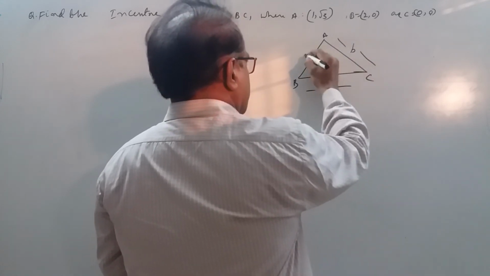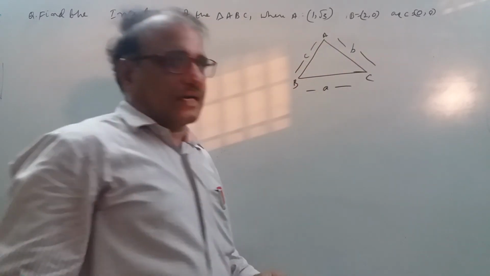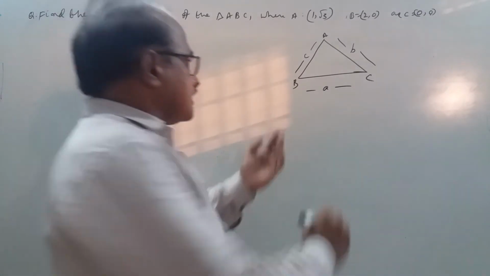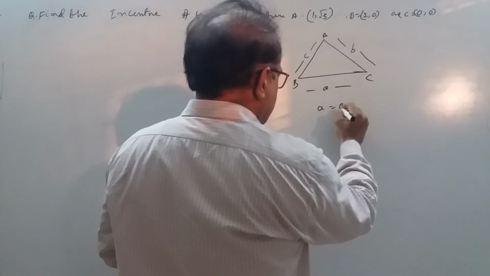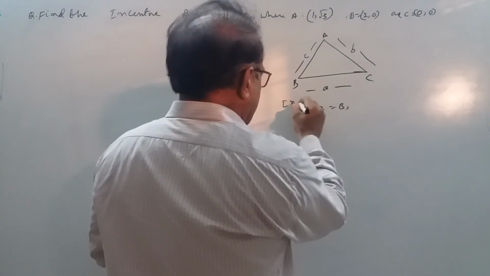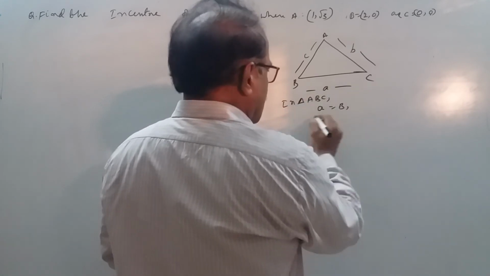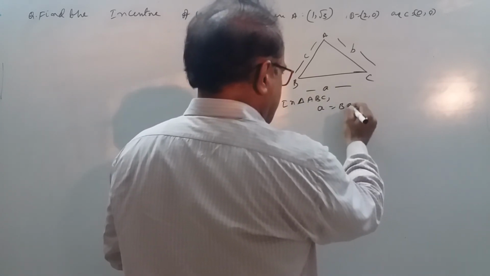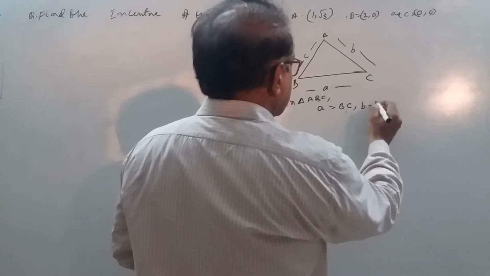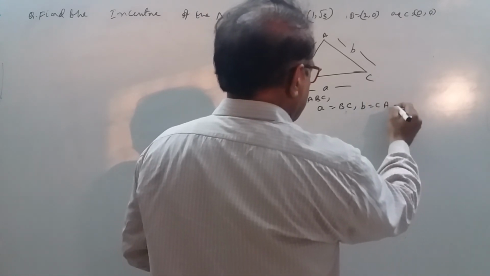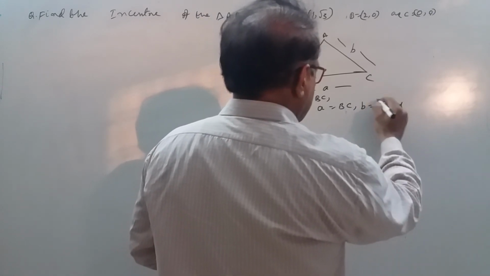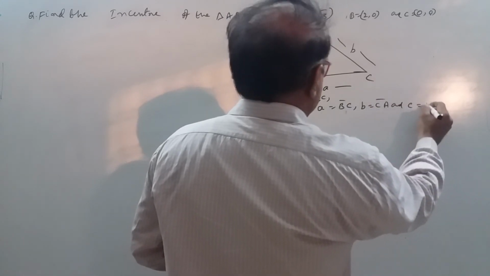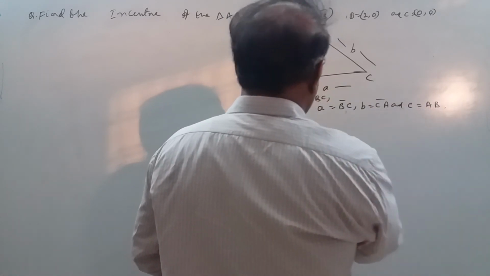Then opposite side is small c. Then that means here small a is equal to the side BC in triangle ABC, small b is equal to CA and small c is equal to AB.